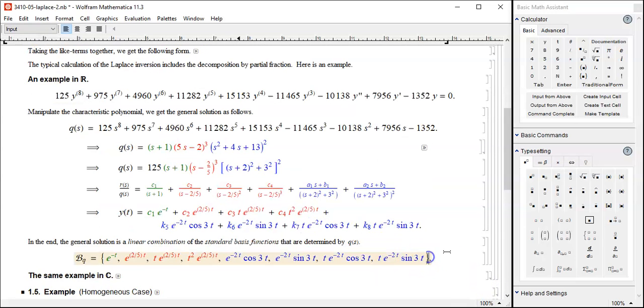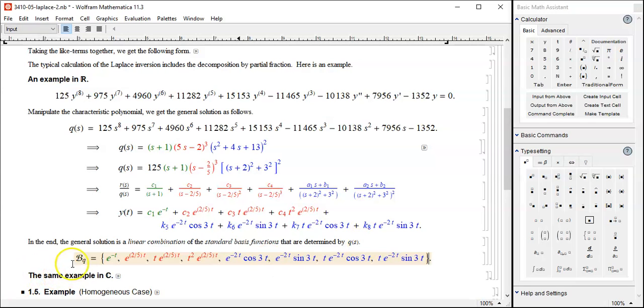By the way, one more comment here. As you saw, the general solution can be written as a linear combination of these Laplace inversions given by the decomposition by partial fraction. And these functions are called standard basis functions. That's a term our textbook author is using. Names are not that important, but I'm going to be using the standard basis function from time to time, so maybe it's a good idea to get used to it.